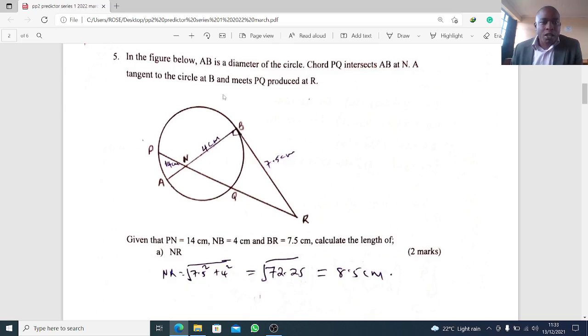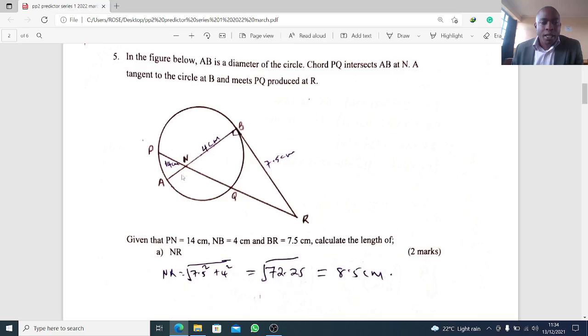In the figure below, AB is the diameter of the circle, chord PQ intersects AB at N, and a tangent to the circle at B meets PQ produced at R. Given that PN is 14 centimeters, NB is 4 centimeters, BR is 7.5 centimeters, calculate the length of NR.